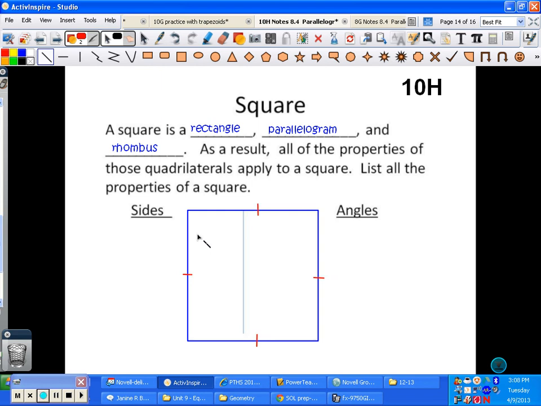We know that a square's diagonals bisect each other. So let's draw those in. We know that those are all congruent. We know that these are right angles in here. Okay, so we know that that's true. We know that opposite sides are parallel.